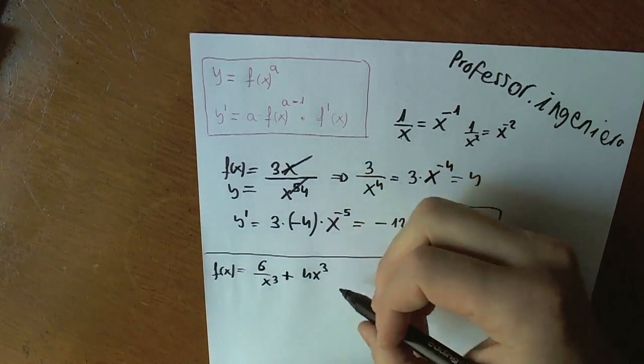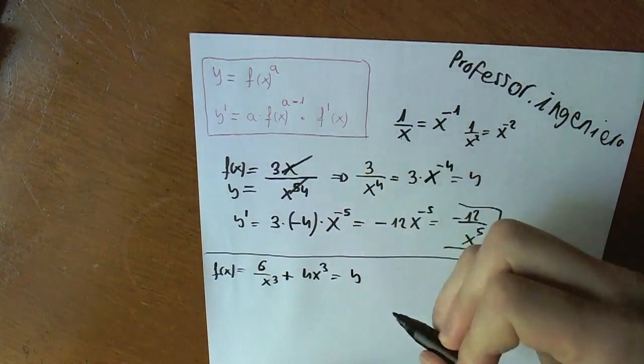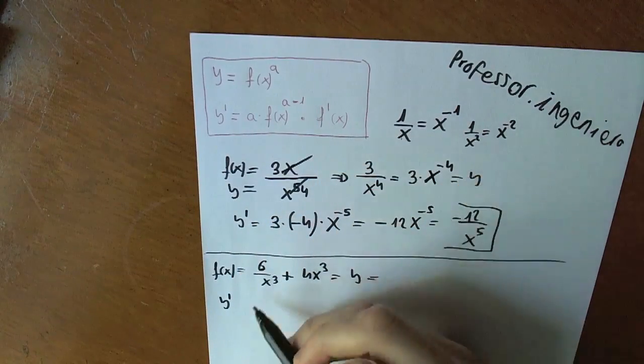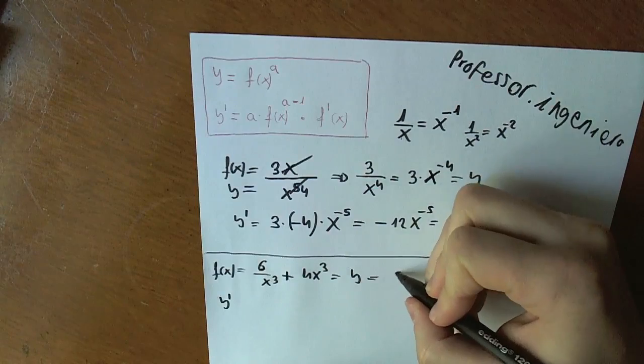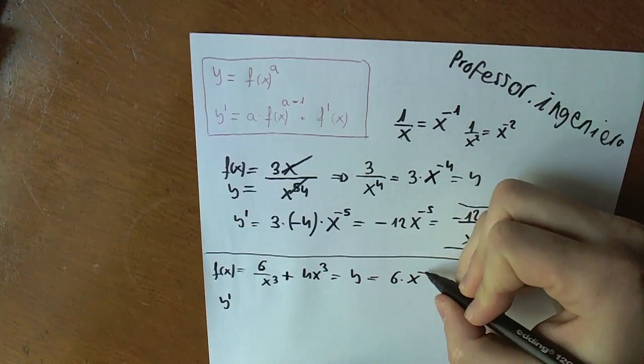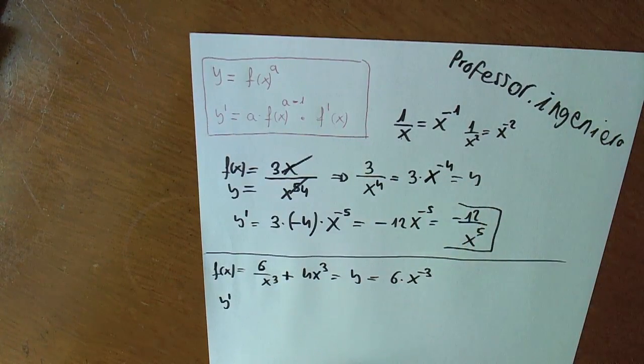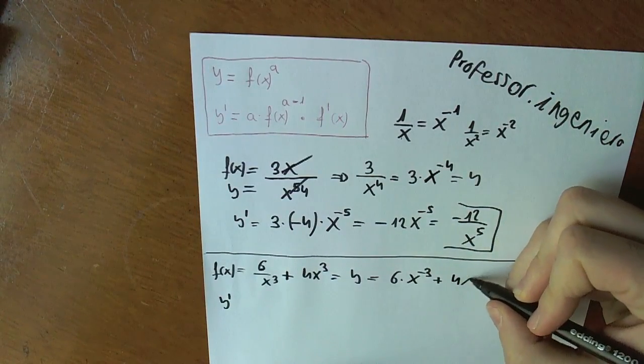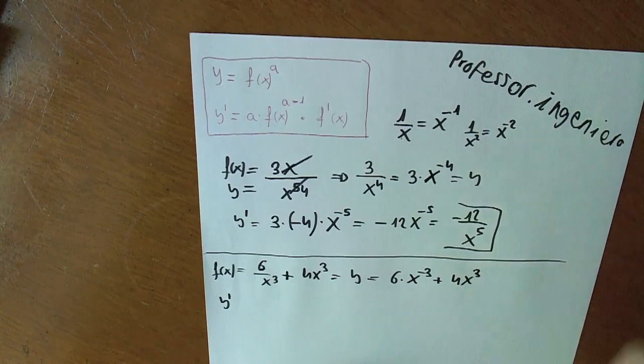Okay, so this is y. If we want to calculate the derivative, we just need to write this function like I explained here, 6 multiplied by x^(-3), and we need to add 4 multiplied by x^3.